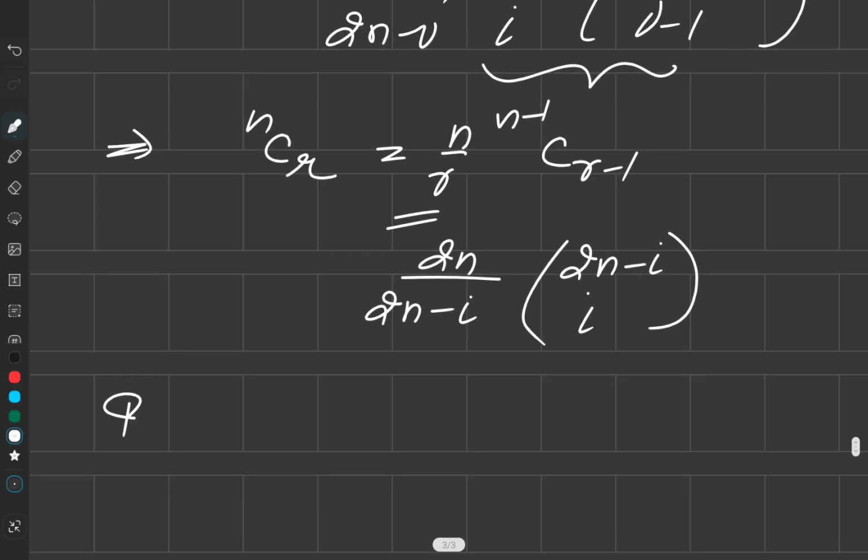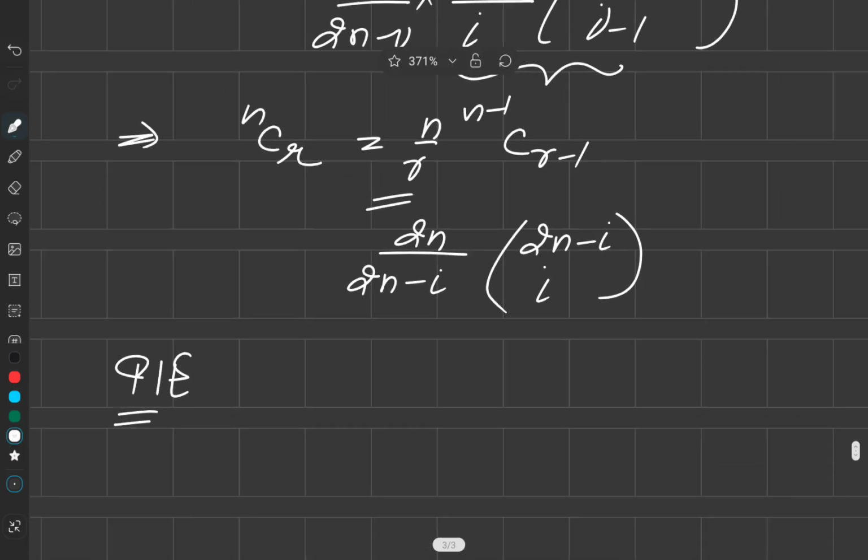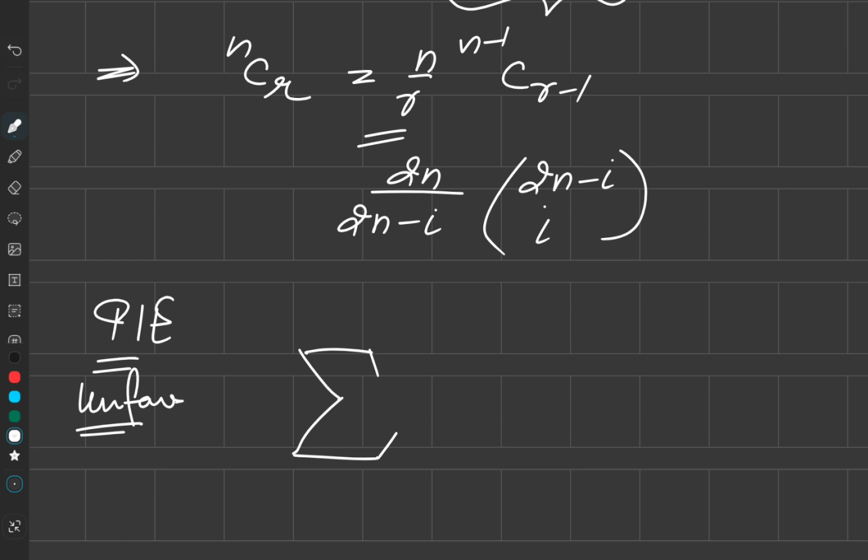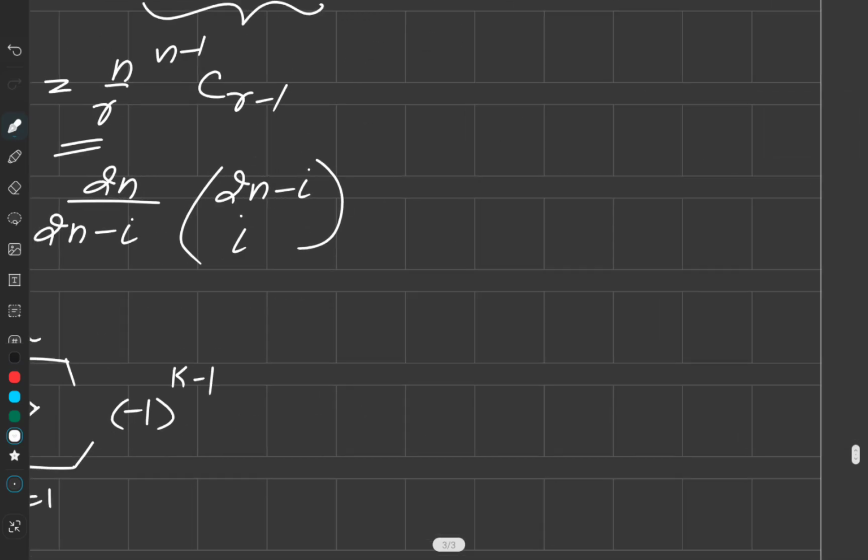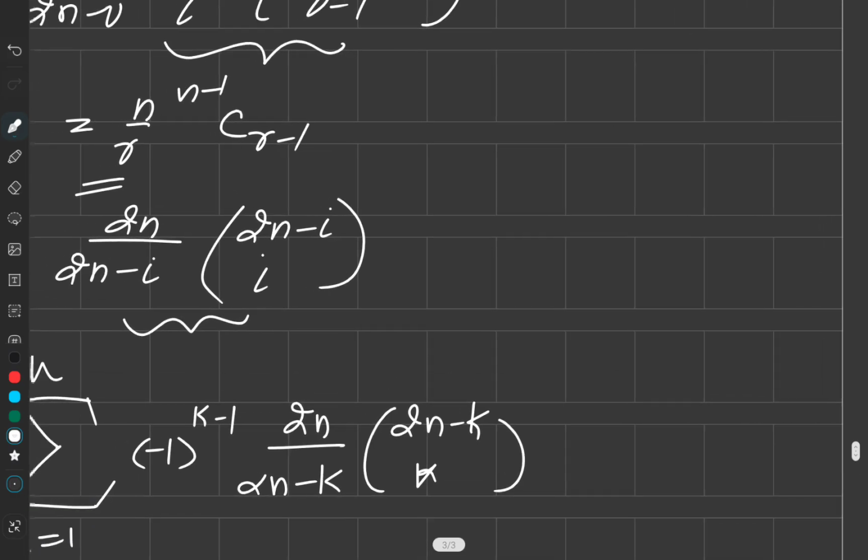Now the principle of inclusion exclusion, so it would be something like minus 1 to the k, n choose k, and this whole argument in terms of k, and the remaining, right?